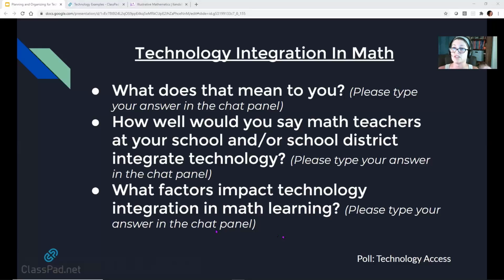What technology is actually out there that they have access to? Because that can hinder, as we are learning now, a lot of students don't have access to the internet, so they can't do the remote learning. So there are those types of things. I should have sent a poll out about what your students have access to in your own school.